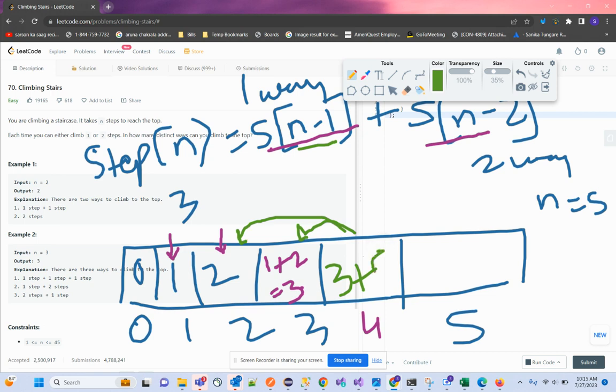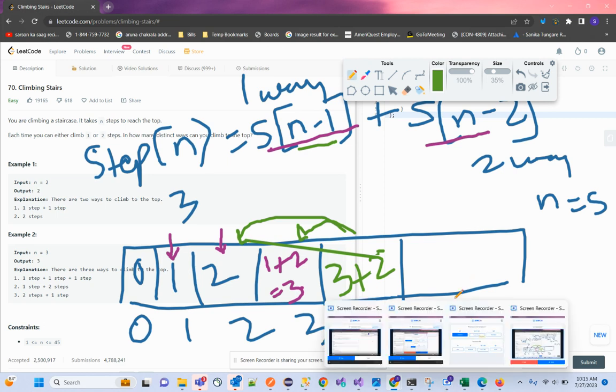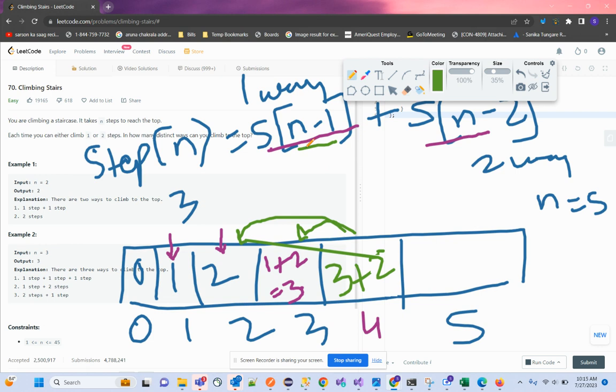5 ways. So there are 5 ways in all to reach the fourth step. Next, coming to the fifth step, how many ways? So step n minus 1. What is step n minus 1?